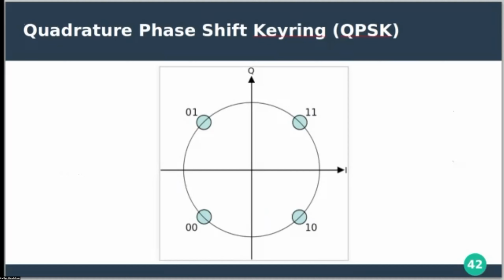Let's say at any given point you have a wave where both I and Q are high, 1 and 1. That encodes 1, 1. Then maybe I is 0 and Q is high. That's 0, 1. And let's say both I and Q are low, below the 0 point in the wave. That's 0, 0.